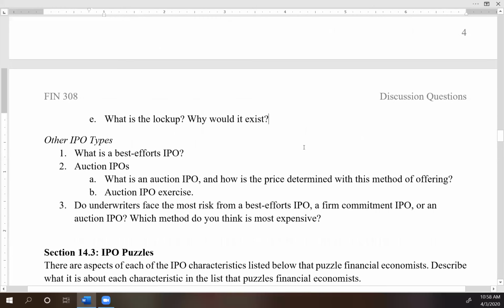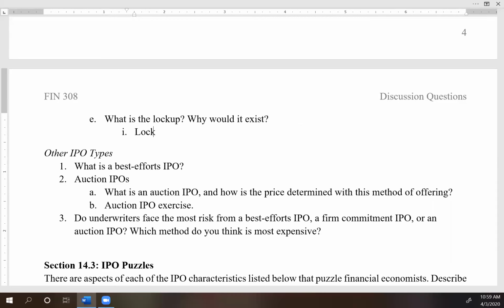One part that frequently exists as part of an IPO is what's referred to as a lockup period. The lockup essentially is a provision that prevents certain large shareholders from selling their shares for a given period of time.